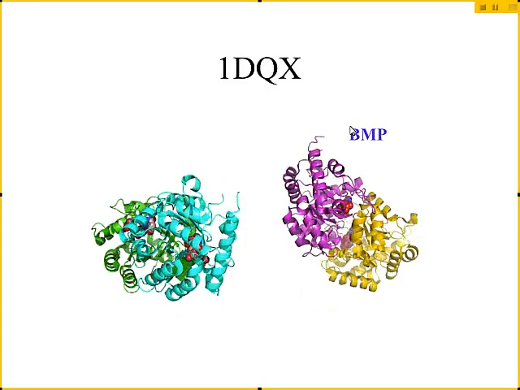But in this case, you have 1.5 biological units, and in 1DQX you have 2 biological units. Now these are actually far apart, and so it's clear that you have 2 biological units here. And the reason they can be far apart is due to symmetry.